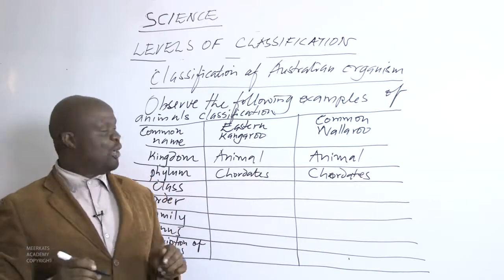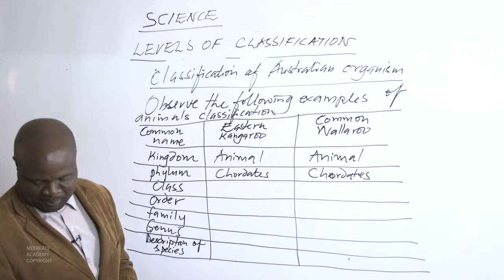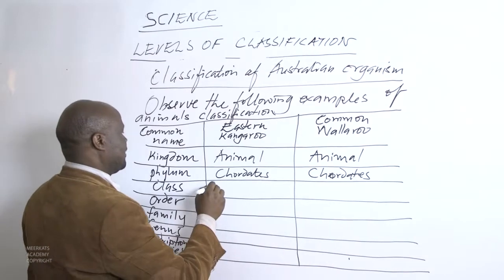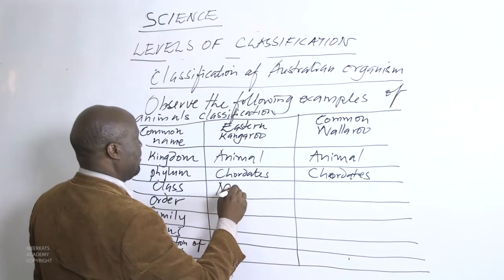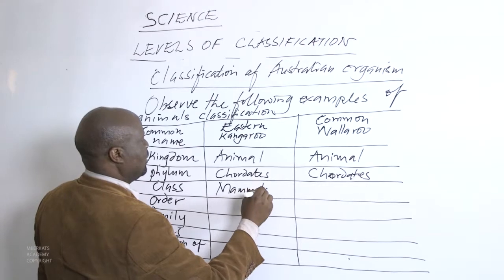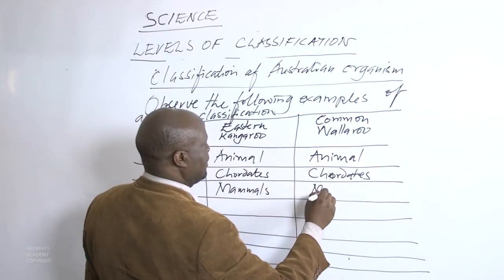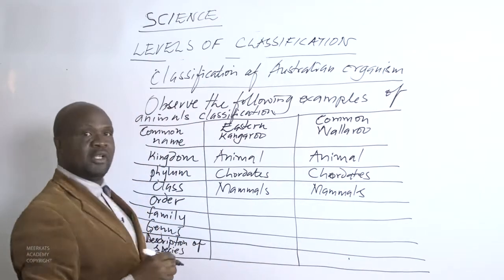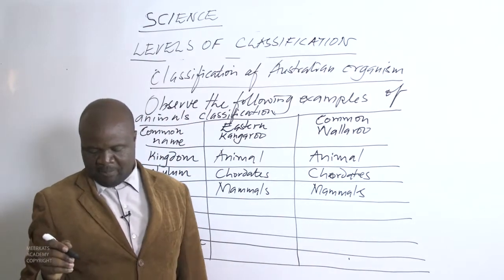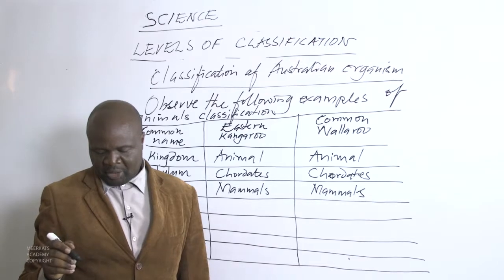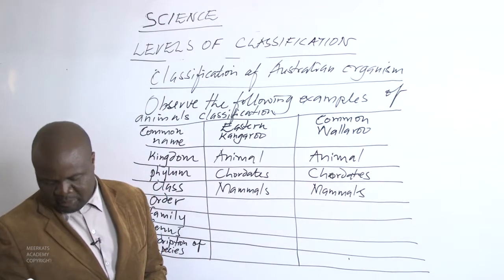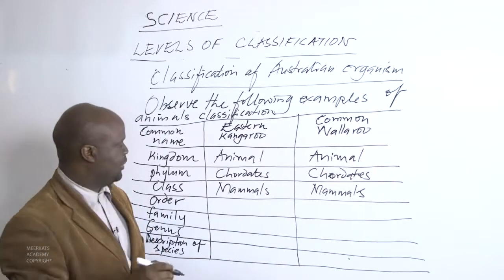Then when we go to the class, they also belong to the same class, called mammals. Then when we come to the order, they also happen to belong to the same order, called Diprotodon.